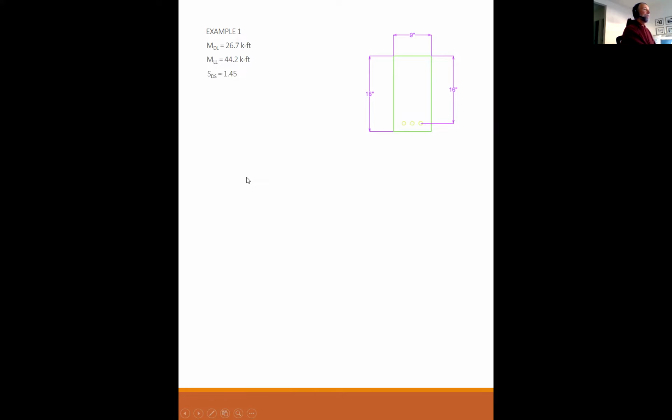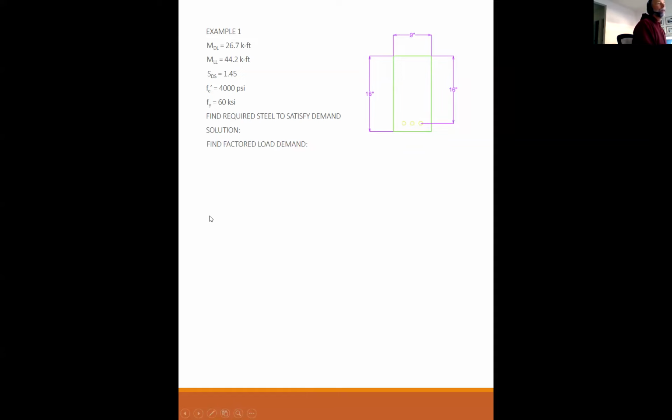And we have an SDS factor of 1.45, which is very normal around here in the LA basin. I'm giving you that the strength of concrete is 4,000 psi, the steel is 60 ksi, and what I want from you is to find the required steel to satisfy the demand of the load. So here's a problem where everything is given to you except the area of steel. That's the only thing missing.